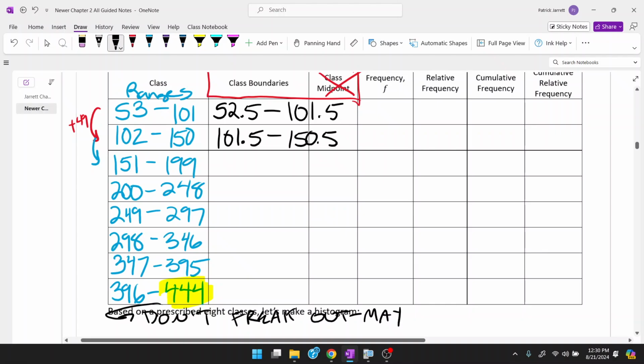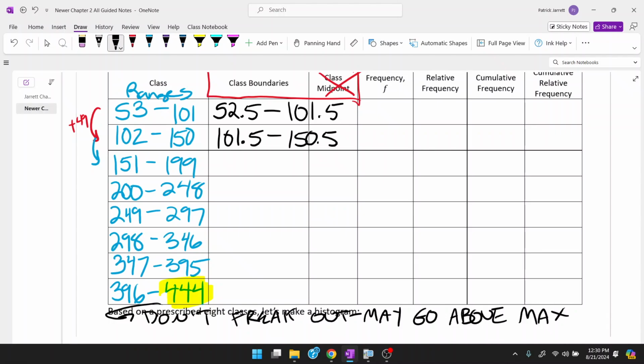It may go above the max. I've been teaching this class for several years. And students will say, but Mr. Jarrett, this ended at like 432 or whatever. What do I do? And I'll say, well, what did you give me for the class width? And chances are they would have said 48. That's why you round up.